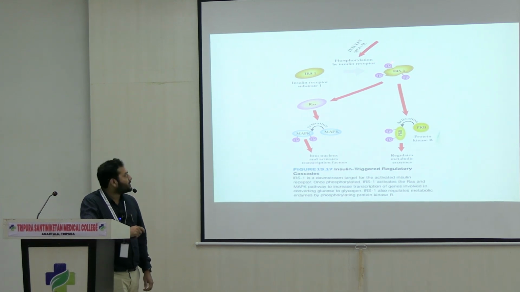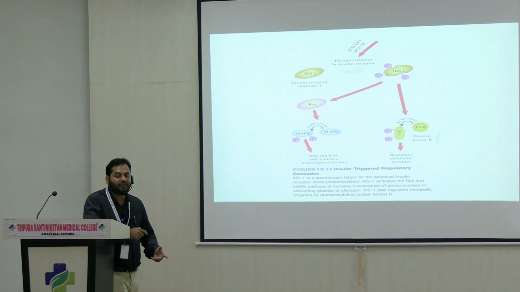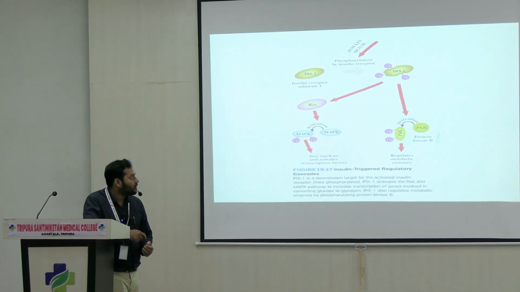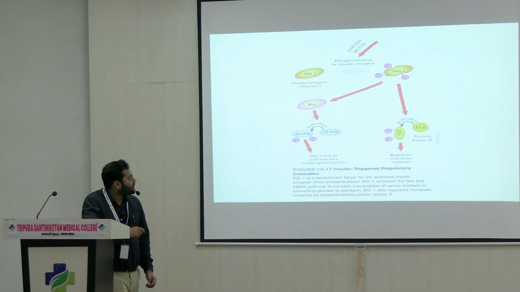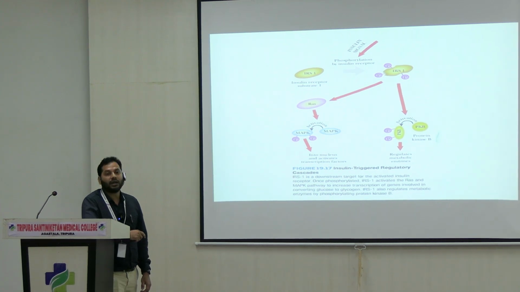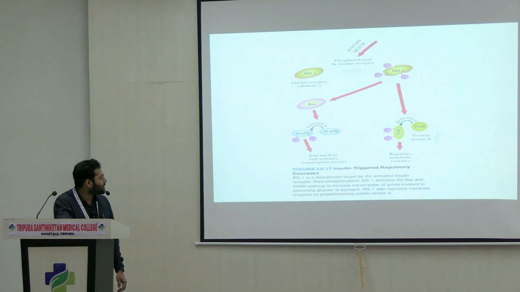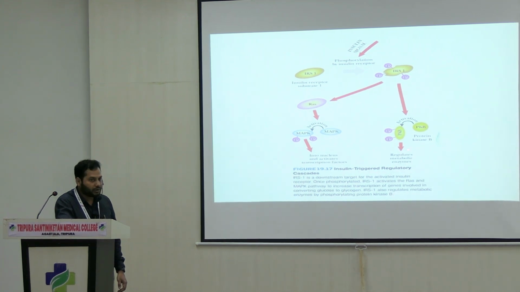It means first it gets phosphorylated, and this phosphorylation is influenced by the tyrosine kinase domain that is present in the insulin receptor tyrosine kinase, right? So now this phosphorylation leads to the activation of insulin receptor substrate 1. Once it gets activated, it undergoes the activation of the downstream signaling cascade. So what is the downstream signaling cascade? This is the one signaling cascade and this is another signaling cascade, right?